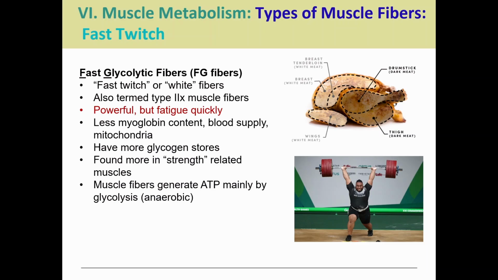The reason is they don't have as much myoglobin, which means not as much oxygen being stored. They don't have as many mitochondria. They have more glycogen storage instead, and we find this in strength-related muscles in higher numbers. They're using anaerobic processes, generally speaking, to produce ATP, so they are going to be using things like CP or fermentation.